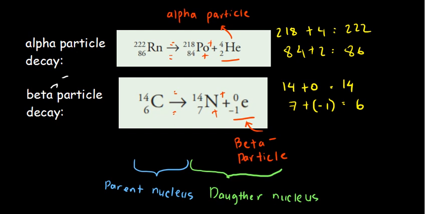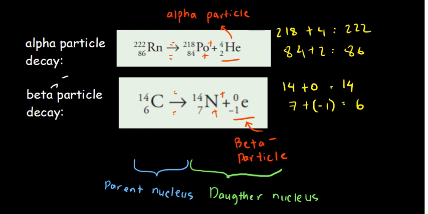The opposite number of negative 1 is going to be plus 1. So 6 plus 1 is going to be 7. Or to easily check, 7 minus 1 equals 6. And for nucleon, the electron has 0 nucleon number, so 0 plus 14 equals 14. And that's how you know when your equation is really balanced.